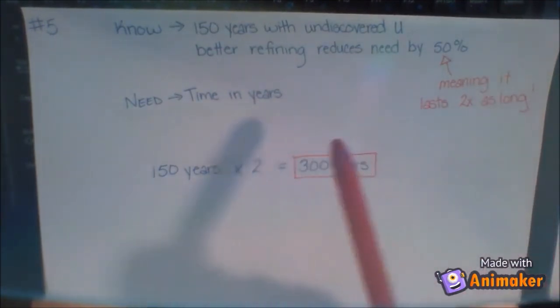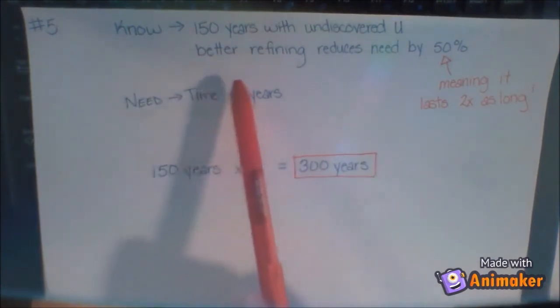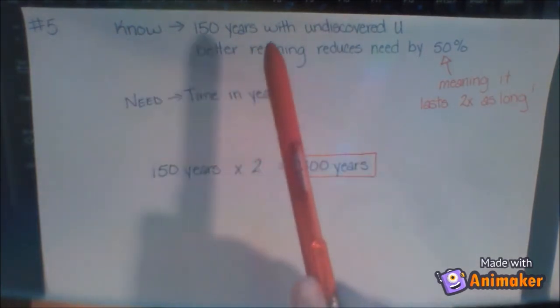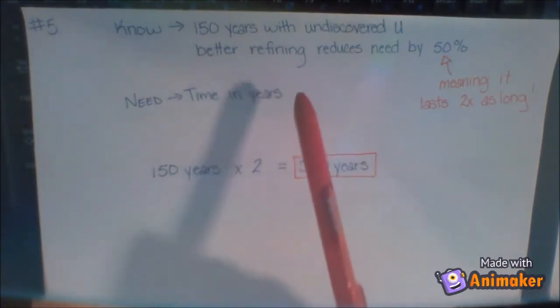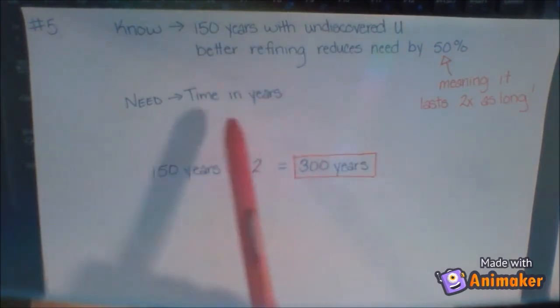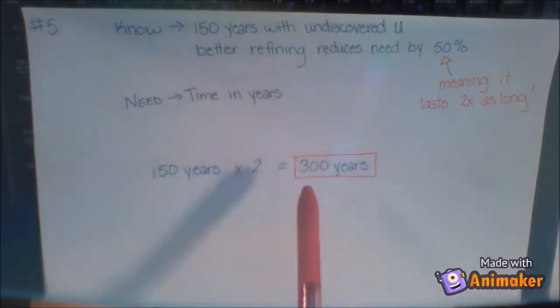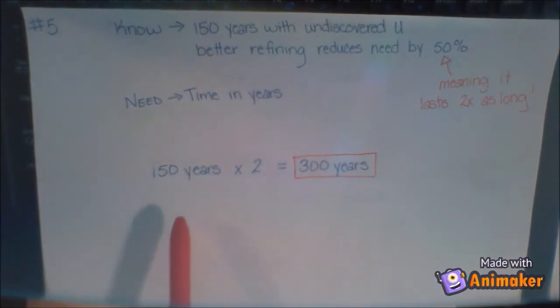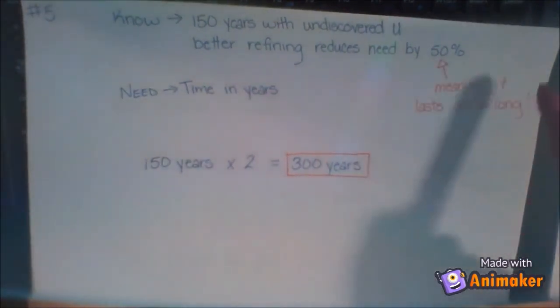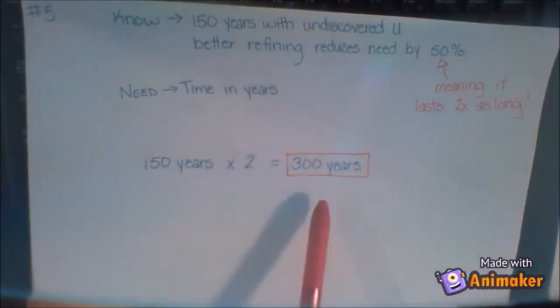From question number 4, we've already determined that undiscovered uranium would last us 150 years at current usage. This is asking us how long in years it would last if we were reducing our need by 50%. Simple problem. 150 years times 2, because we're doubling the amount of time we can use it for, gives us 300 years.